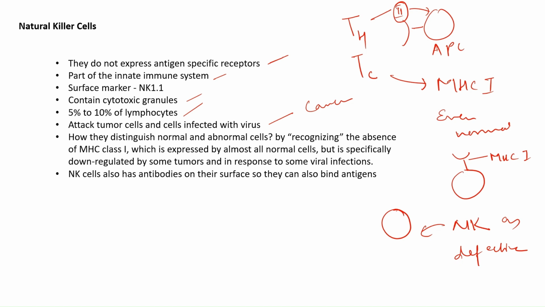So that's how NK cell recognizes that the cells that are not normal in our body, that means they can be cancerous or infected with virus. So that's how they help to identify and then downregulate some tumors or virus-infected cells. NK cell also has antibodies on their surface so that they can bind antigens with the help of those antibodies.